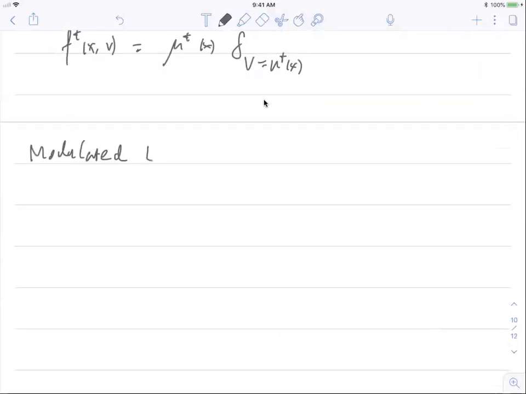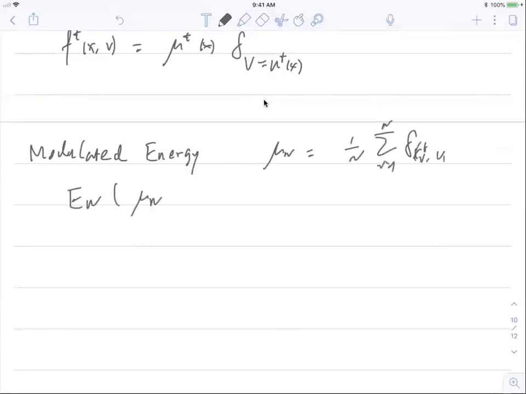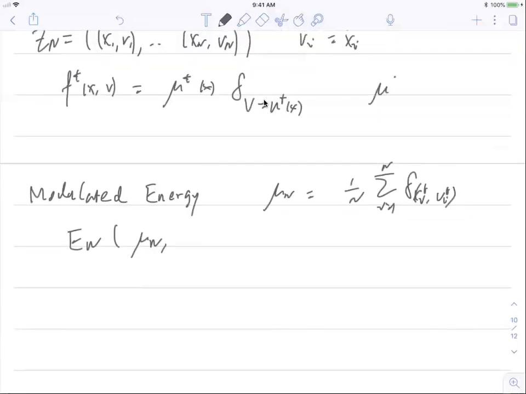The modulated energy. Now you should consider both the position and the velocity. Maybe let's put mu n as well. So now mu n is just this. And so the ansatz is mu t, and also ut.